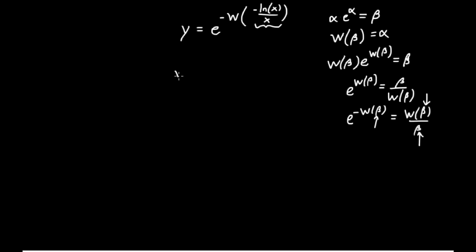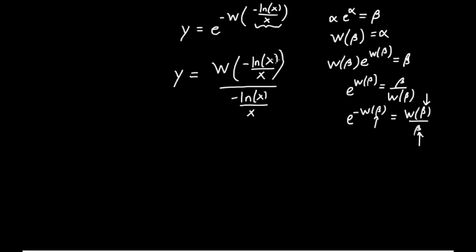In this case, that stuff I'm talking about is just this argument here, negative ln x over x. So what that means is that y can be rewritten as W of that argument, which was negative ln x over x, divided by that very same argument, negative ln x divided by x.